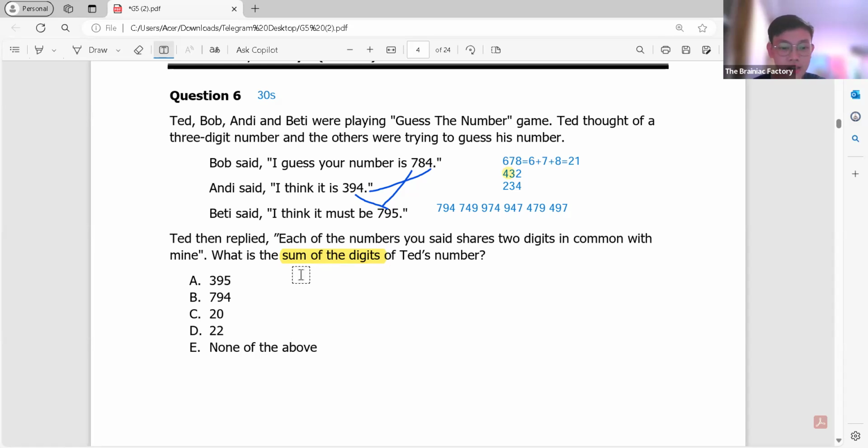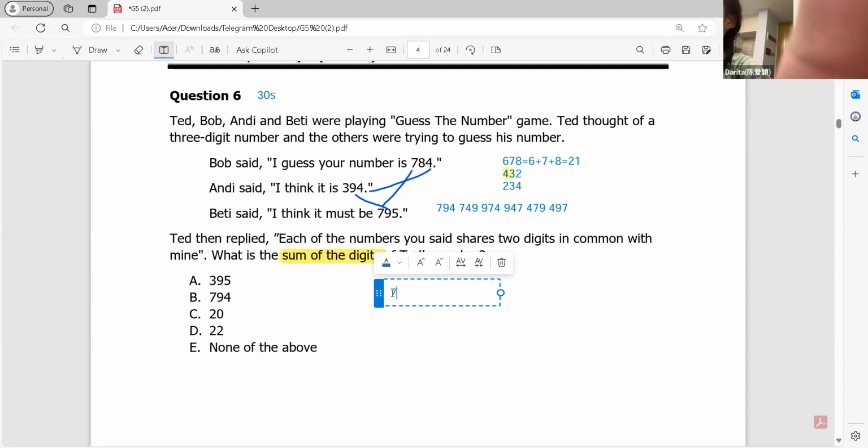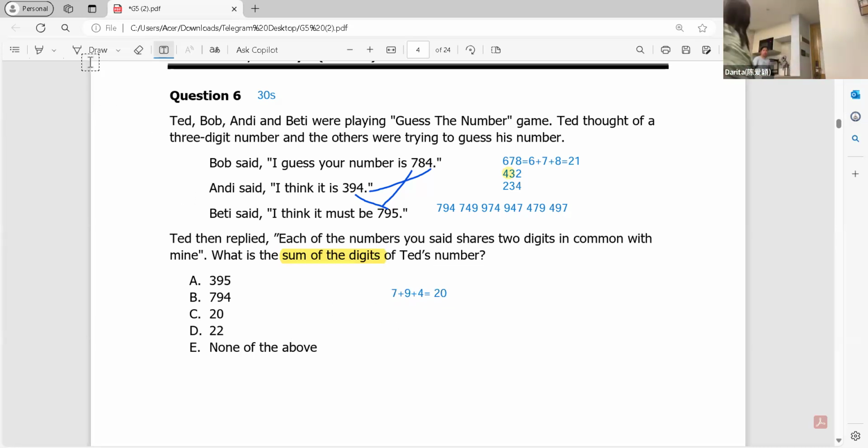We're just asking for the sum of the digits. So we're going to have 7 plus 9 plus 4, which is equal to 20. So C is the correct answer. I could see someone answer C, so you're right.